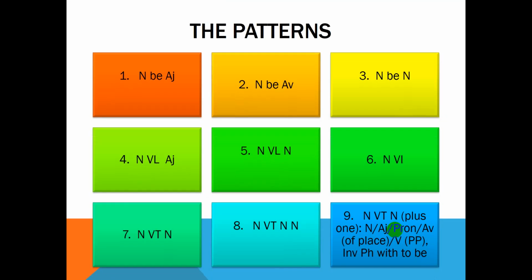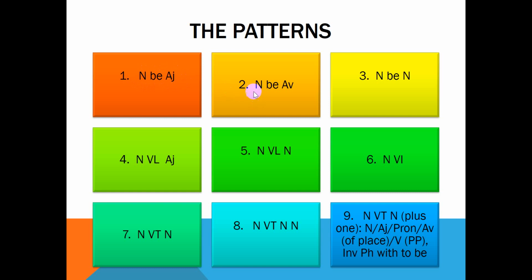But if we look at the content or the phrases in the sentences, we can see that there are 9 patterns. A sentence can be filled with a noun phrase, written here as noun, then the verb be and an adjective phrase or adjective, so it becomes noun be adjective.